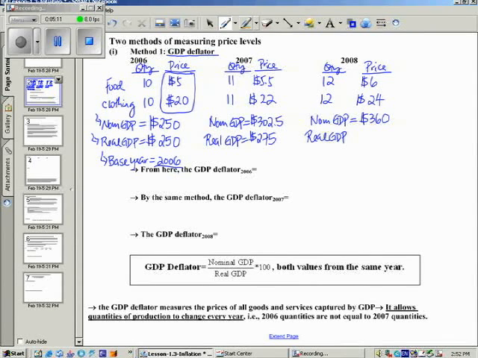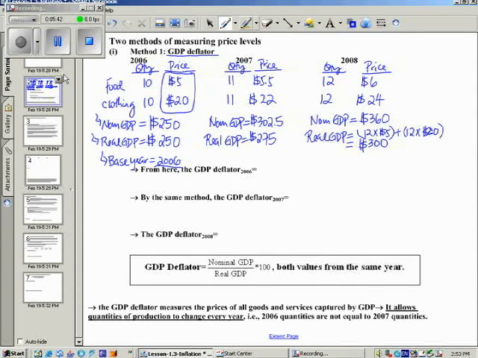Real GDP would be just equal to 12 times the $5 plus 12 units times the $20. So the real GDP in the year 2008 will be equal to 300. We talked about this before in the previous lesson.